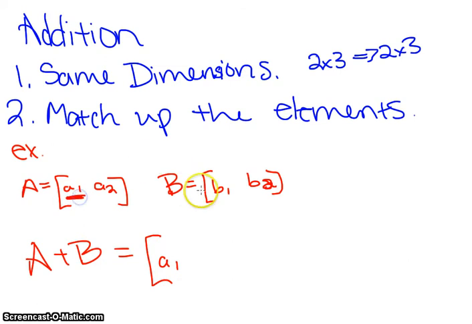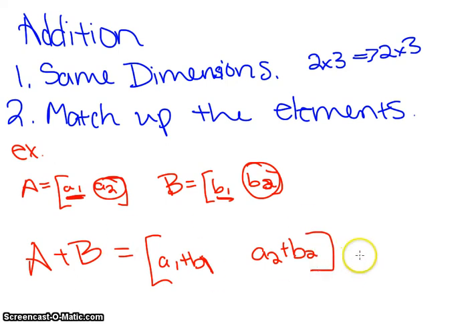This A1 here matches up with this B1, and this A2 here matches up with this B2, and then you just add. So A1 plus B1, and then A2 plus B2. And that is your sum of adding A and B together.